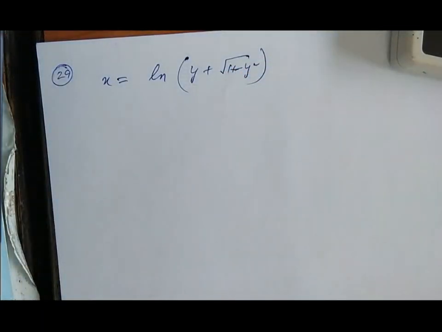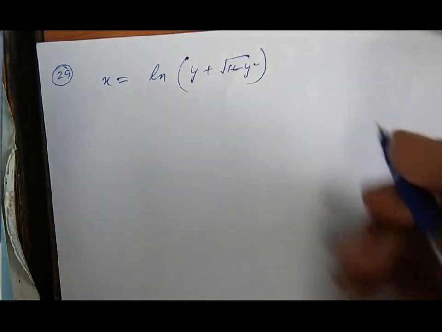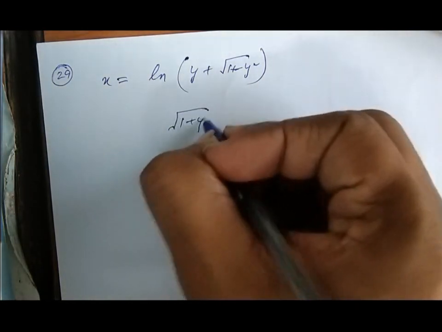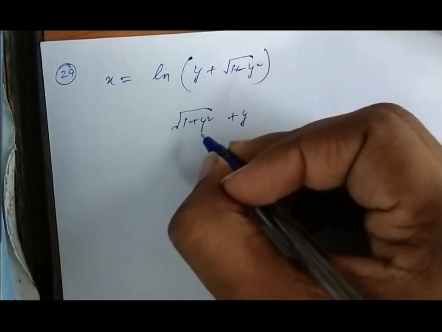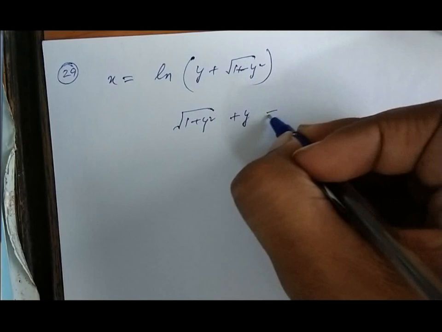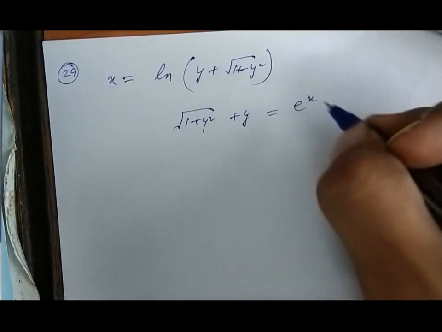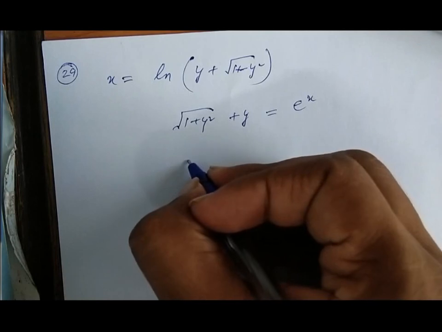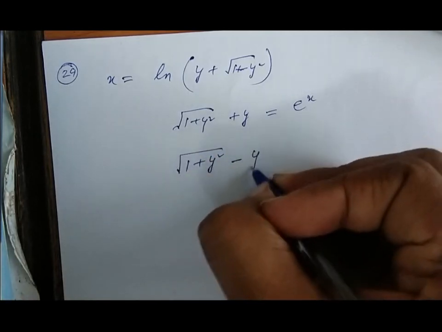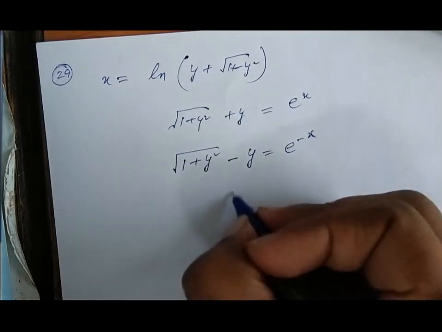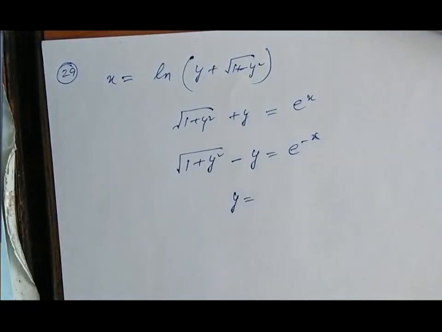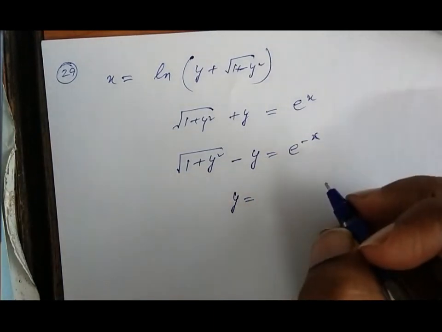This question might seem difficult, but this is a very easy question, and you must remember this. You can directly differentiate, that would be a longer process, but let's substitute y plus square root of 1 plus y square as e power x, and then when you rationalize this, you will get square root of 1 plus y square minus y equal to e power minus x, and hence y is equal to, okay.